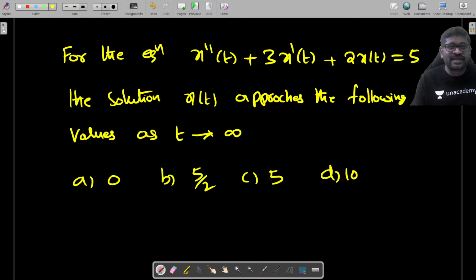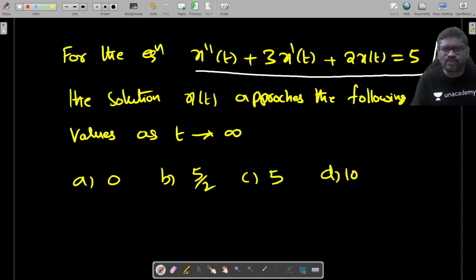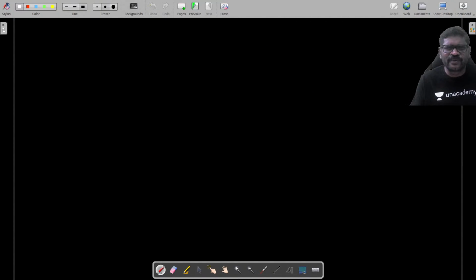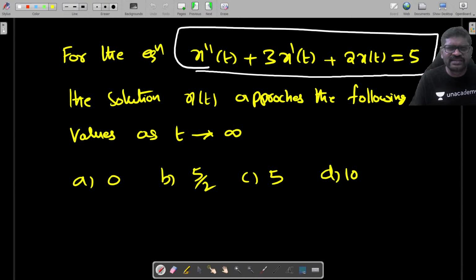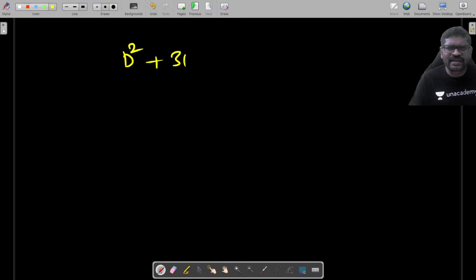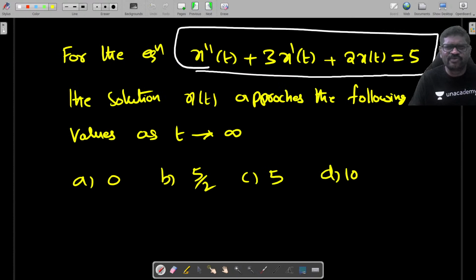Now the differential equation is x double dash t plus 3x dash t plus 2 into x of t equal to 5. Now x double dash t is D square, so D square plus 3D plus 2 of x of t equal to 5.